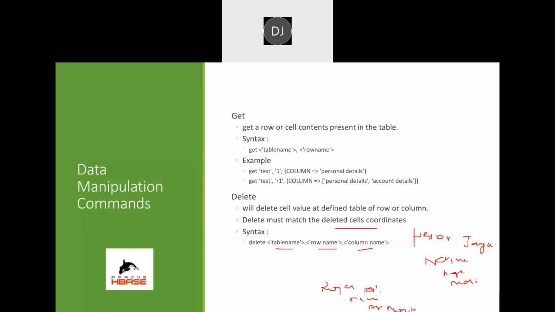That's what they are saying. The coordinates should be the same. If I'm trying to delete the cells, this coordinate is 3 and this coordinate is 4, right? Then it will delete them, but all belong to a single row, row 1. So in such a way, you have to be careful about how you are going to delete it.